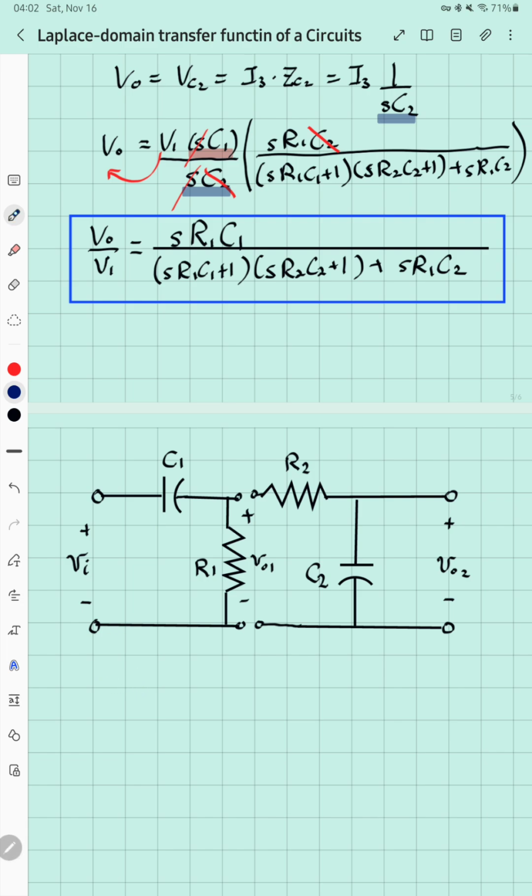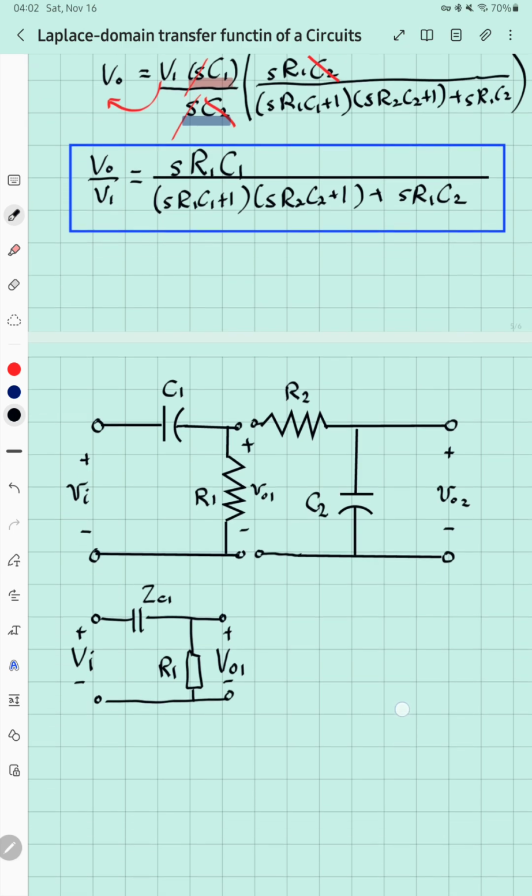Instead of redrawing, well, maybe we should redraw it in the Laplace domain. So that will be ZC, and then this will be just R1, C1, and like this. That will be capital V out 1, that will be capital V in, plus, minus, plus, minus. Let's work with the first portion.